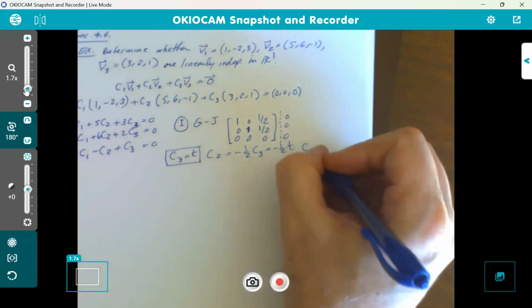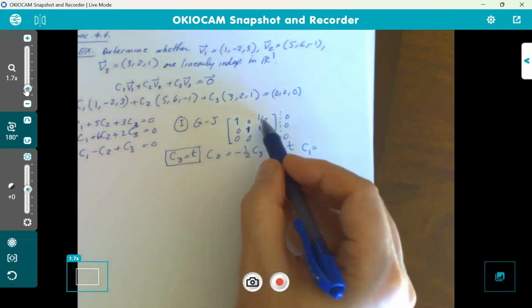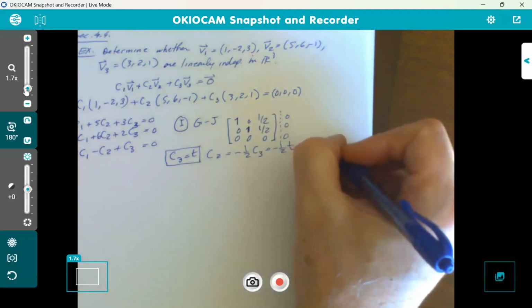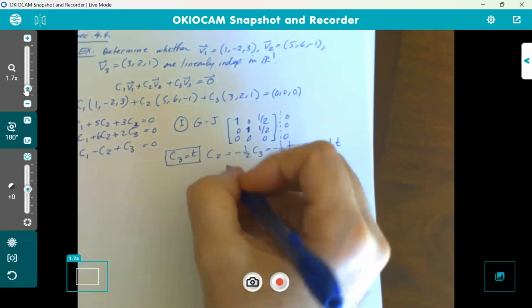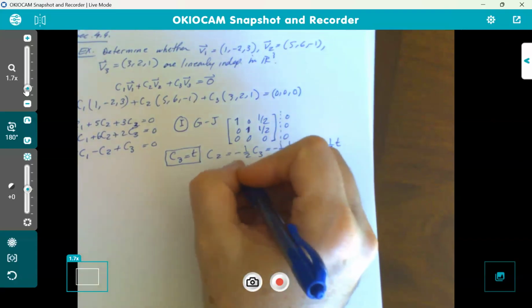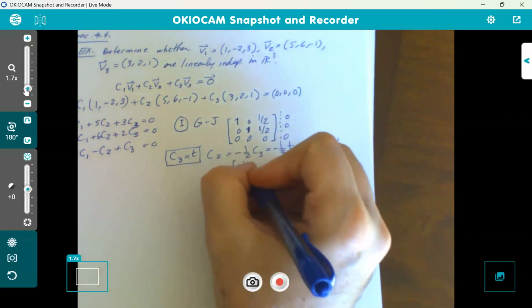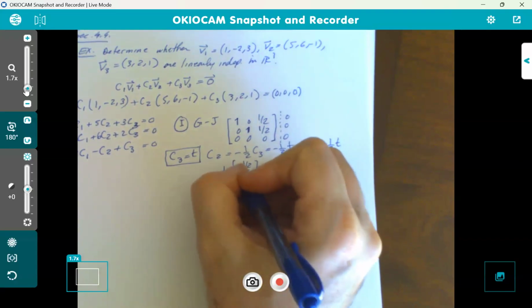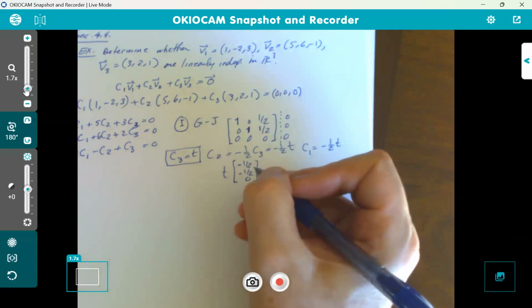Well, C1, up here, first equation, move 1/2 C3 to the other side, becomes -1/2 t. So I can write this by factoring the t out from C1, C2, C3. I get (-1/2, -1/2, 1) times t. And there you go. So the only solution is not a trivial solution.